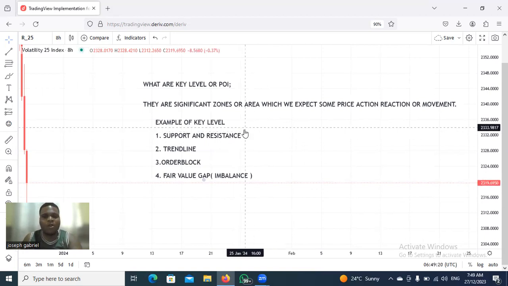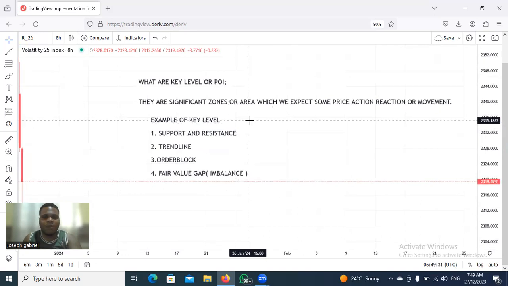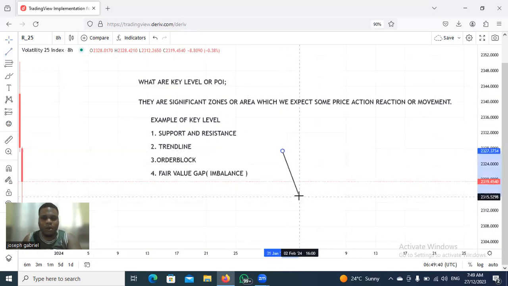We can also get a break and retest, which is to say support turns to resistance. So let me give an example rather than talking. Let's say we have something like this.